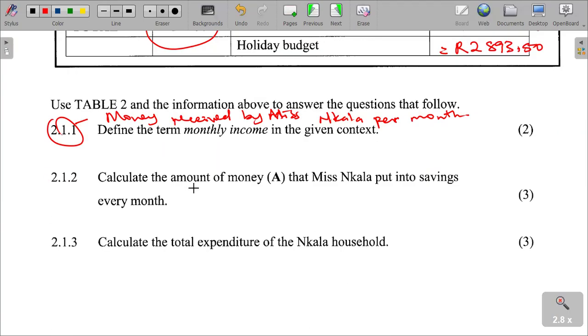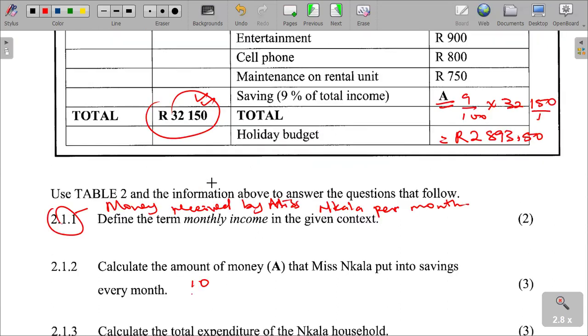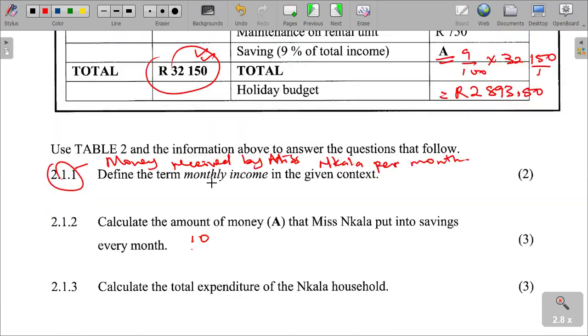So I'm saying it is 9 over 100 times 32,150.